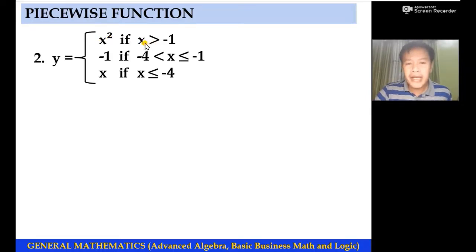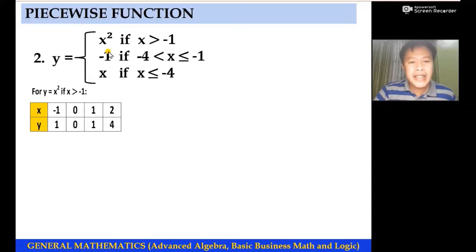But take note, our domain is limited to x is greater than -1. This is the table. Since this is a curve, because this is not a linear function, we need 4 points.